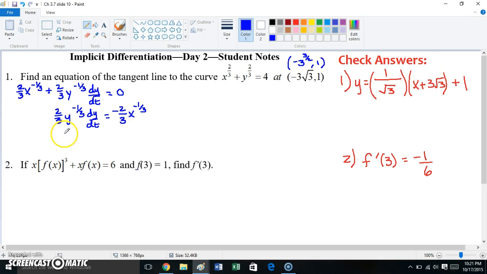All right, dividing by the y term, leaving dy dx, we get -2/3 x to the -1/3 over 2/3 y to the -1/3. Okay, simplifying a couple things, the coefficients of 2/3 will drop out, leaving a -1 coefficient.